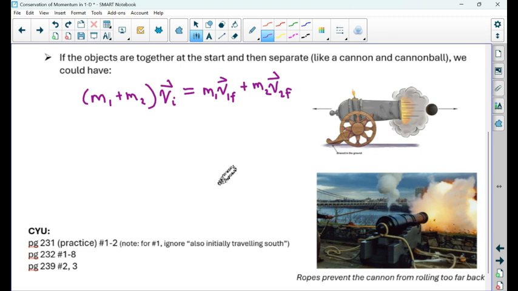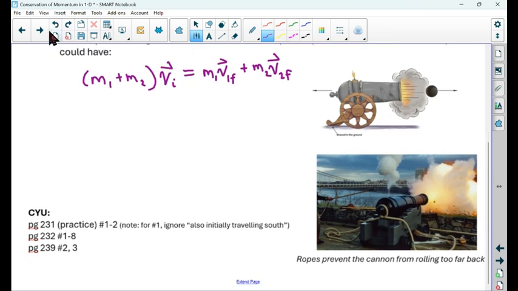And that's a perfectly good way to do it, to help keep your math a little better organized. Okay, so you may have situations where the masses start together and then separate, or the masses start separate and then come together, and starting with your formula like this can actually save you a little bit of time.